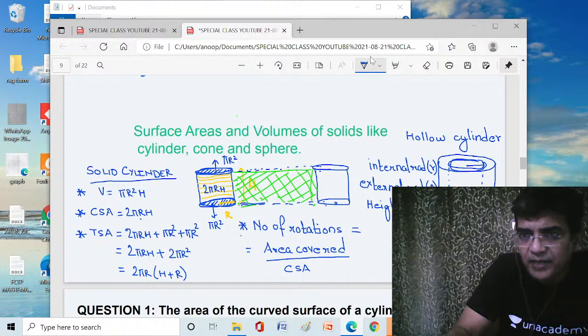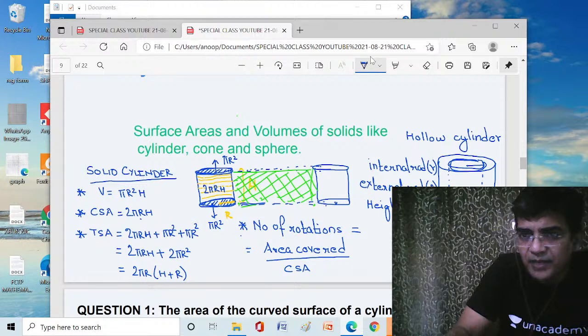Now let us see what will be the formula for the volume of material in a hollow cylinder. How do we get the formula for the volume of material? For that, we find a volume using the external dimensions, and then we find the volume using the internal dimensions, and we subtract it, and we will get the volume of material.